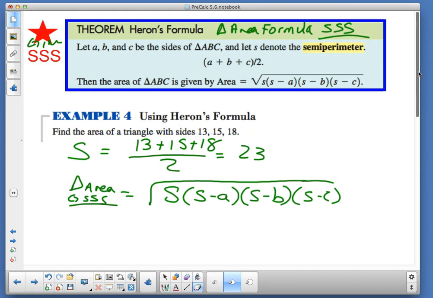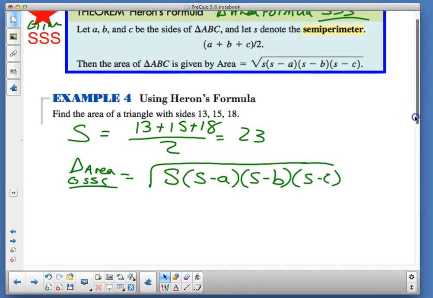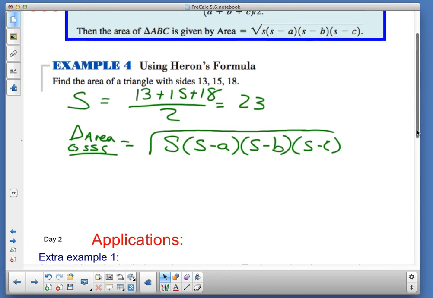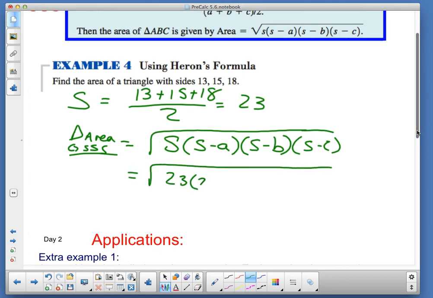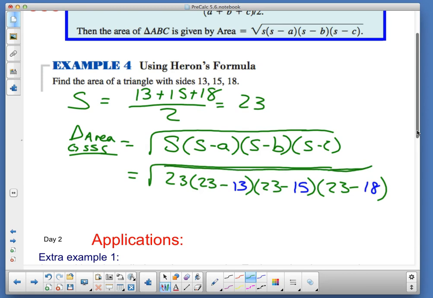Now, how Heron's works. Pretty straight up. Take your semi-perimeter and put it in. And you subtract off each side separately from it. You find the differences of the semi-perimeter in each side, and you multiply by the semi-perimeter again, and you take its square root.